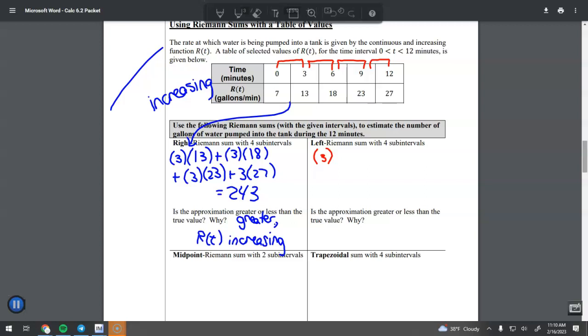So it's 3 times 7, because 7 is on the left-hand side, plus 3 times 13, plus 3 times 18, plus 3 times 23. So my left-hand endpoints are 7 here, 13 here, 18 here, and 23 there. And 27 is never on the left-hand side of something, so it doesn't get used.